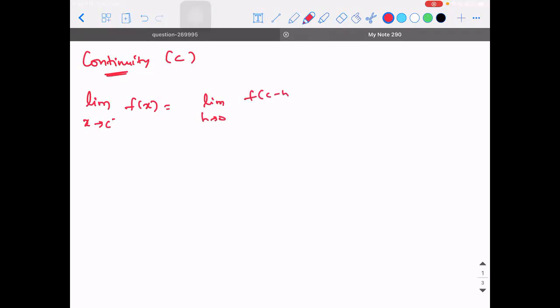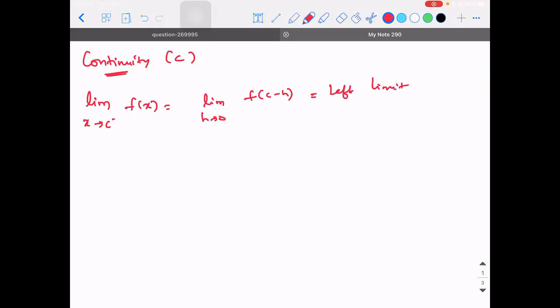Okay. Listen. So I understood that you have a problem with continuity and how to verify the differentiability at a given point. Correct? Continuity first. Let me call that point as C. What are all the important points to get satisfied? You will verify in terms of limits. The limit as x tends to C minus of f of x is equal to the limit as h tends to 0 of f of C minus h, which is the left limit.